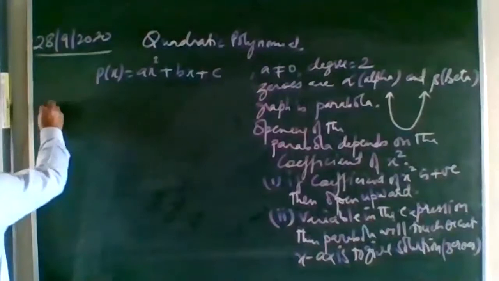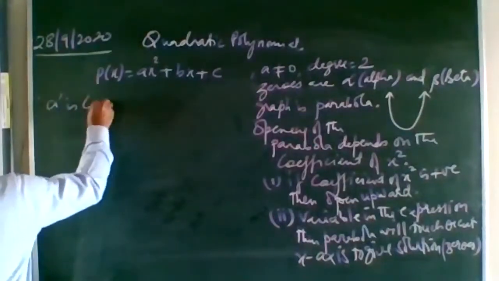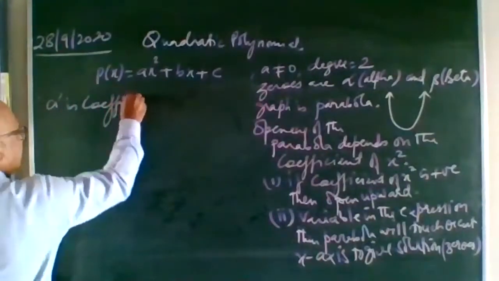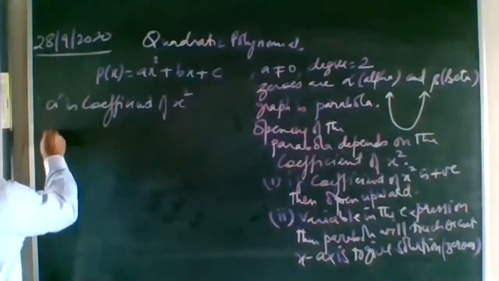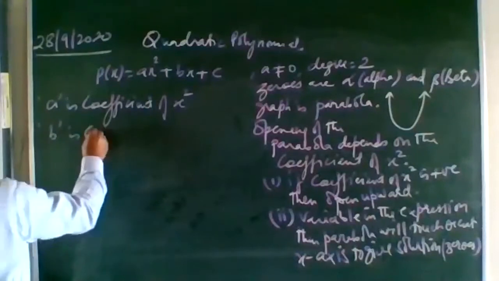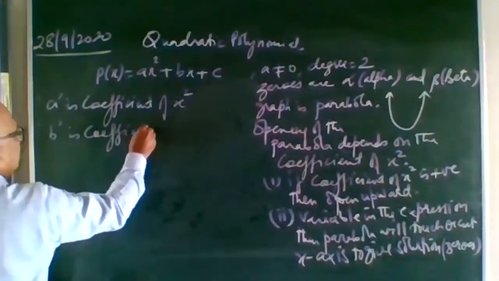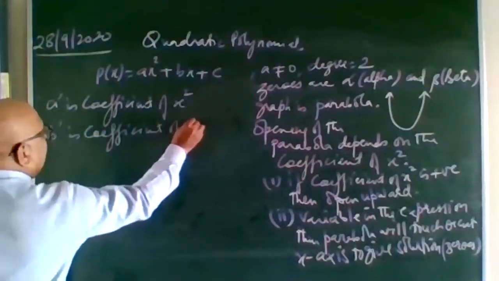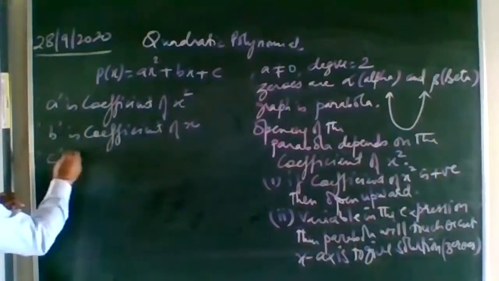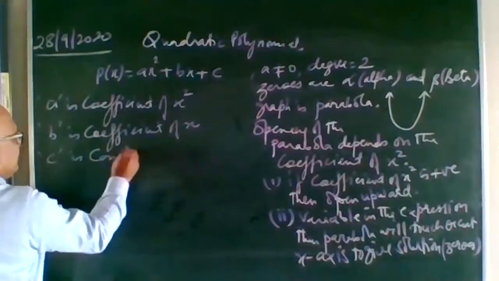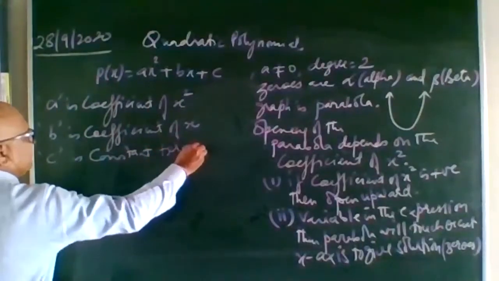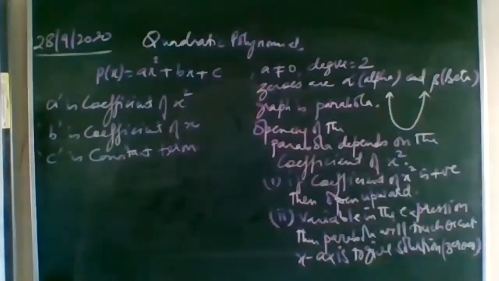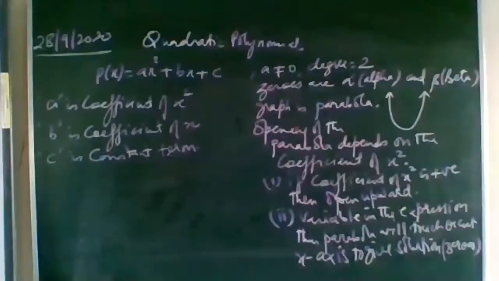Now a is the coefficient of x square, b is the coefficient of x, c is the constant term.